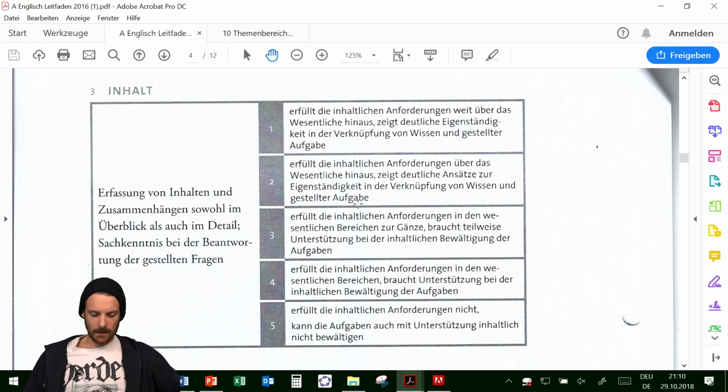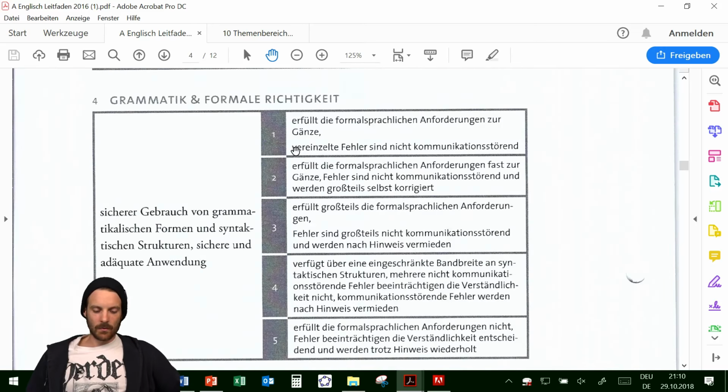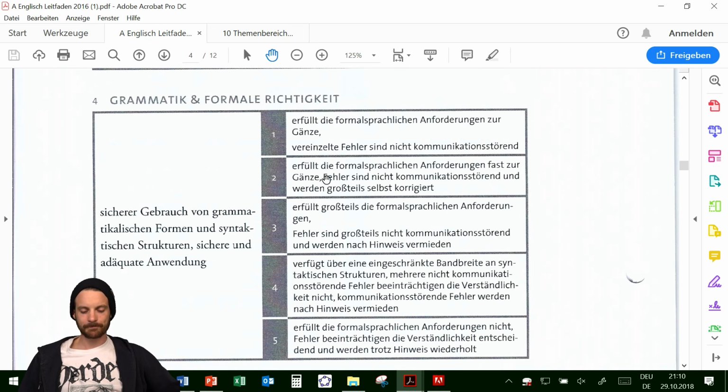Then we have the content, so it's very important that you don't talk about different things if you should talk about pollution, so if you talk about advertising and pollution. So the second to last criteria actually is grammar.